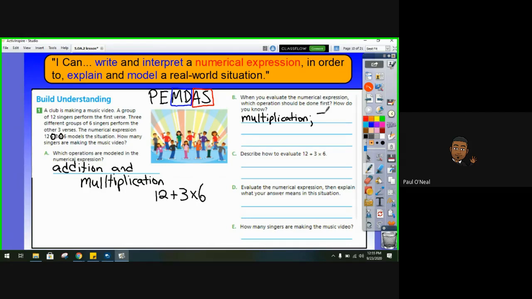Well, the order of operations says that multiplication is performed before addition.